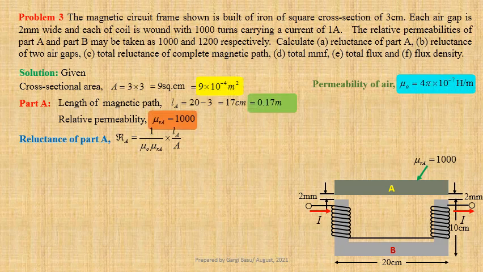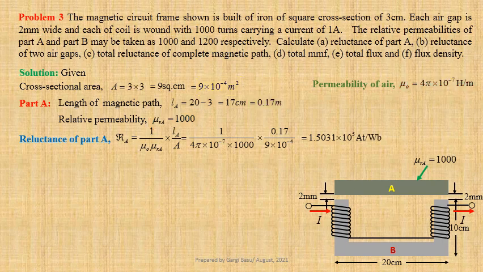Therefore, Ra equals 1 upon 4 pi into 10 to the power minus 7 into 1000 into 0.17 divided by 9 into 10 to the power minus 4. That gives us 1.5031 into 10 to the power 5 ampere turns per Weber.